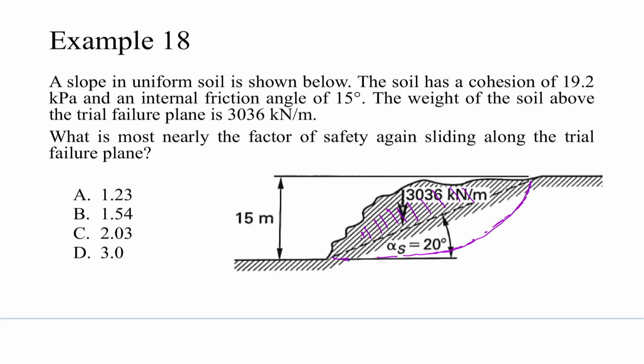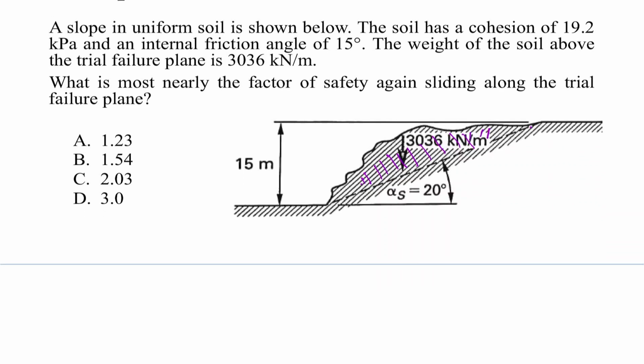But again, let's just try to understand how to solve this problem. I'm not saying this is a very practical one. But this essentially is a physics problem to see whether this whole block of soil can slide along this surface.